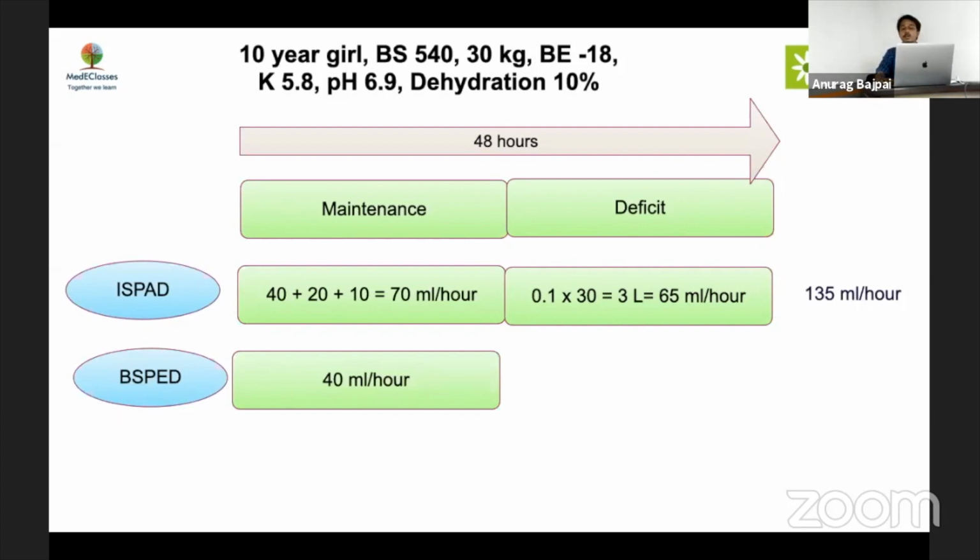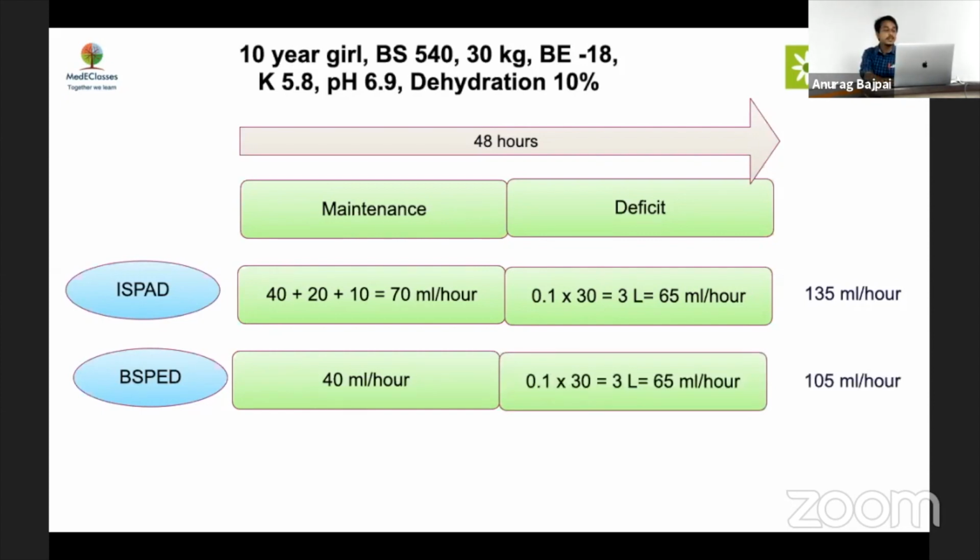According to BISPED, which is the new 2020 guideline, for a child between 20 to 40 kg, it is 1 ml per kg per hour, and the deficit fluid calculation remains the same as well. So which one do you prefer, and which one does our study talk about, Hemang?